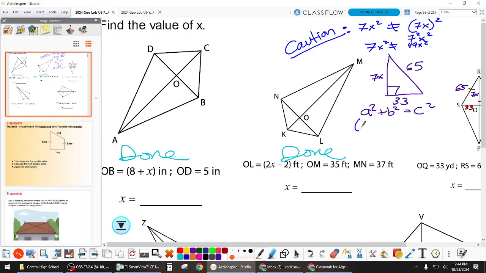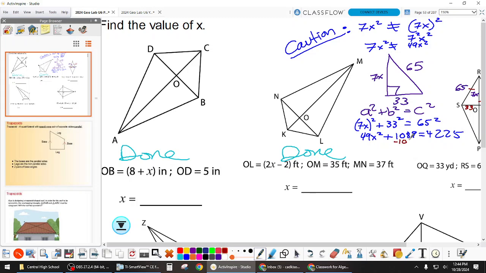So, go plug these in. We get 7x squared plus 33 squared equals 65 squared. 49x squared plus, what is this one? What is 33 squared? 1,089. And 65 squared? 4,225. Okay, subtract.